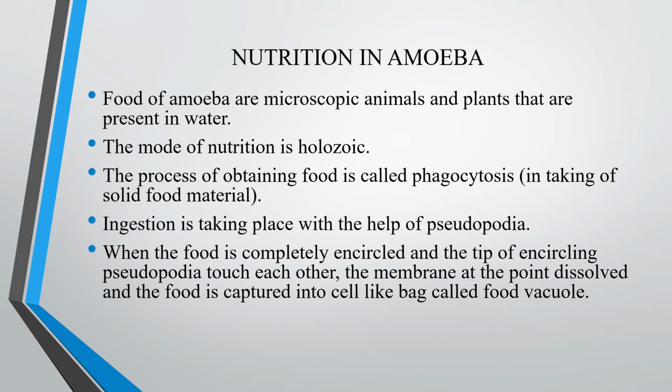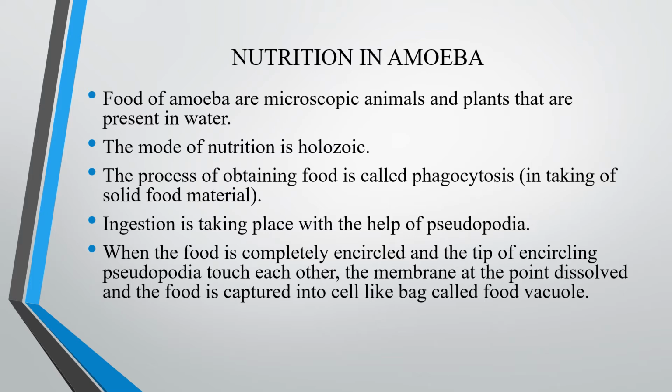With the help of that, it encircles the food. When two pseudopodia touch each other, the food is in the center. The membrane at the point dissolves and the food is captured into the cell just like a bag. That is called a food vacuole.